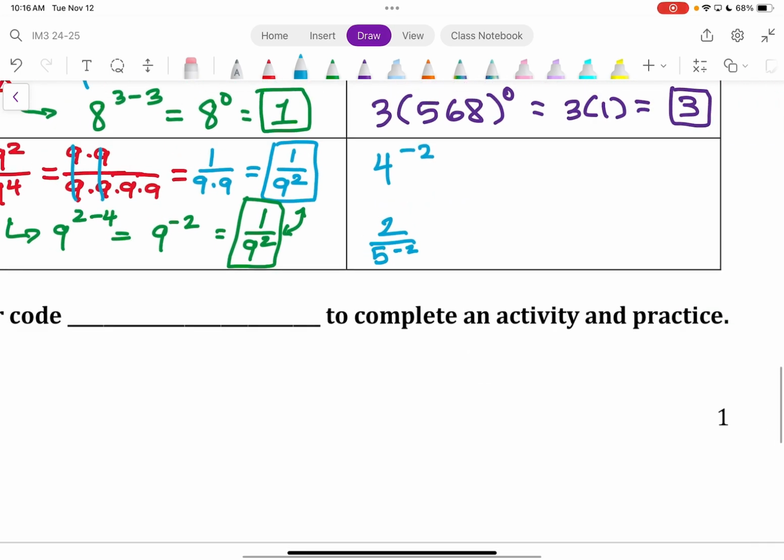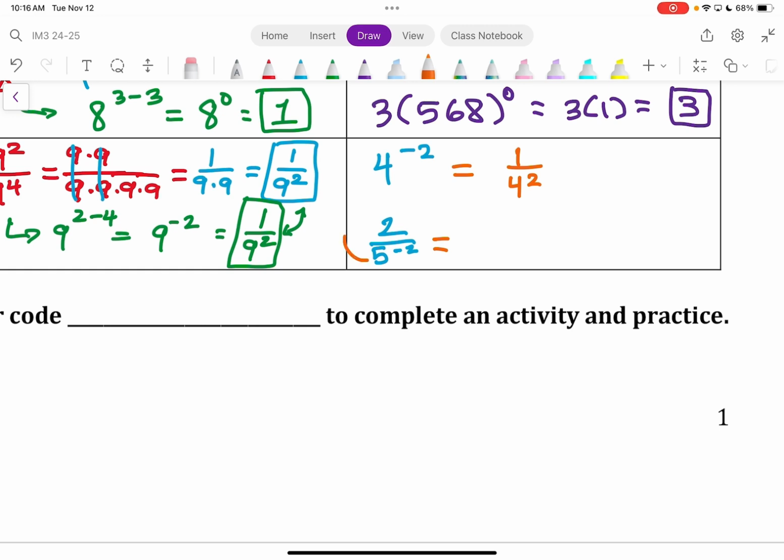I know some of you guys are still working, but I'll put up the solution for the first one. First example should be 1 over 4 squared. Now for the second one, it's a little tricky, but 5 to the negative 2nd, that is the denominator. To get rid of that negative exponent, I would need to bring it to the top.